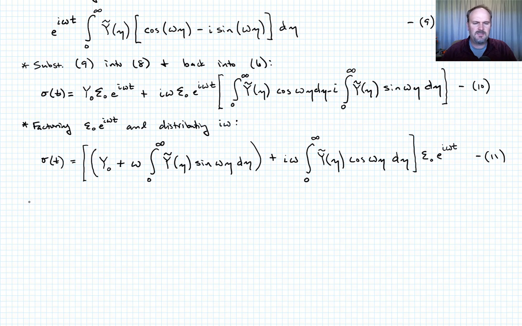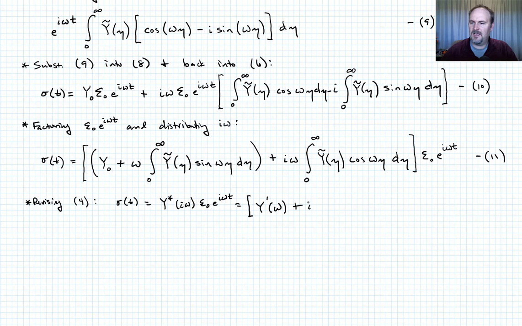Okay, so let's revisit equation 4. Remember, equation 4 was sigma of t is equal to y star of i omega times epsilon naught e to the i omega t. Well, what is this term y star equal to? How do we write any complex variable? We can write that as y prime, which will be a function of omega, plus i times y double prime, which will be a function of omega.